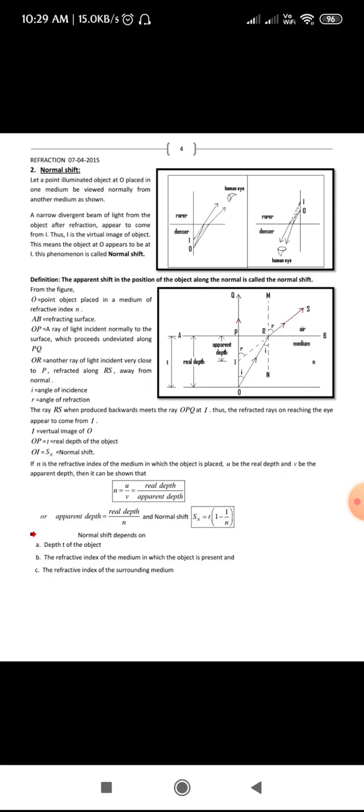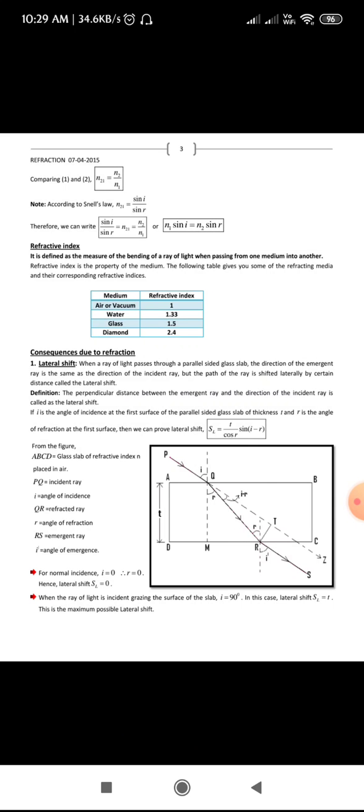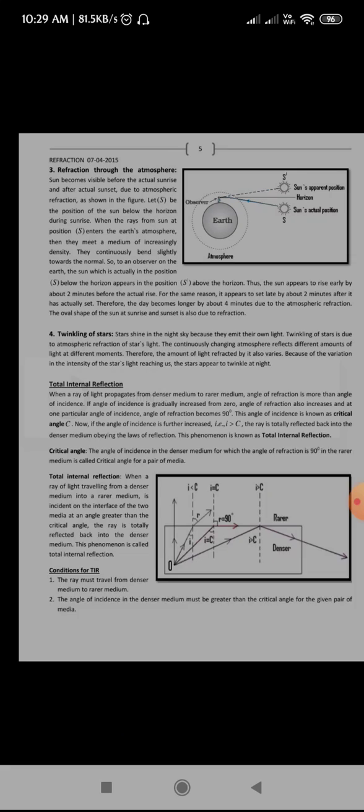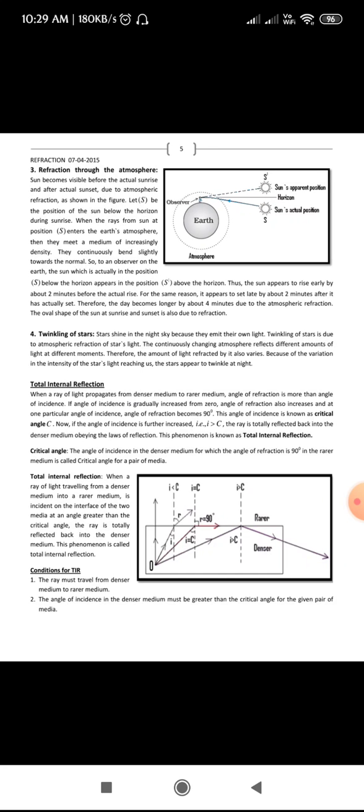Yes, any doubts regarding these consequences due to refraction? So you have lateral shift, normal shift, refraction through the atmosphere, twinkling of stars.